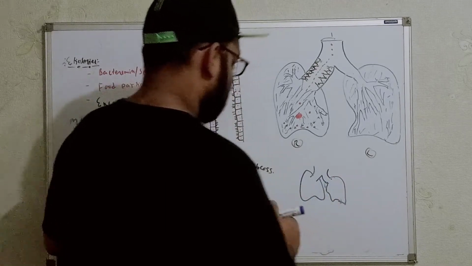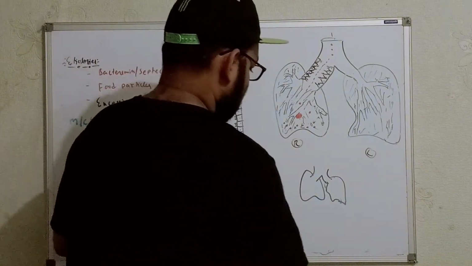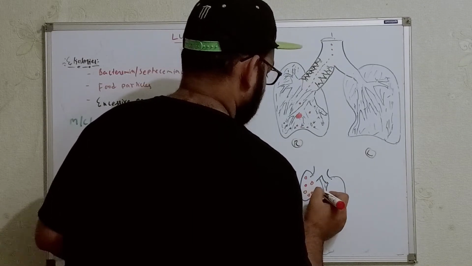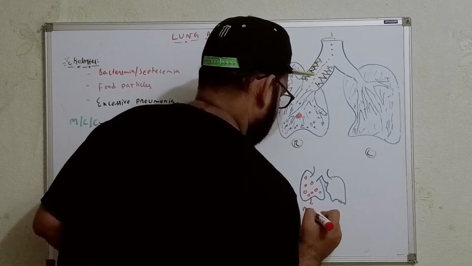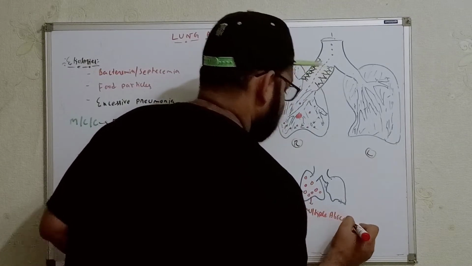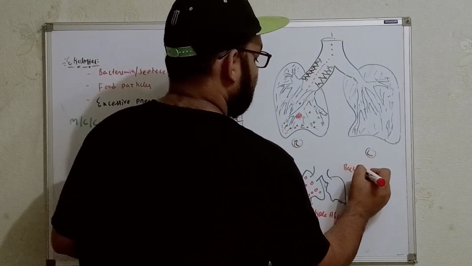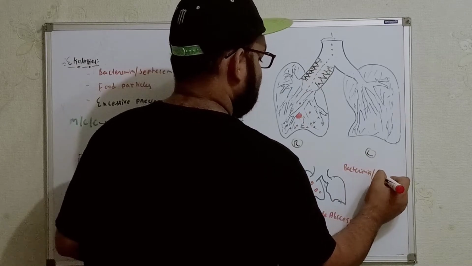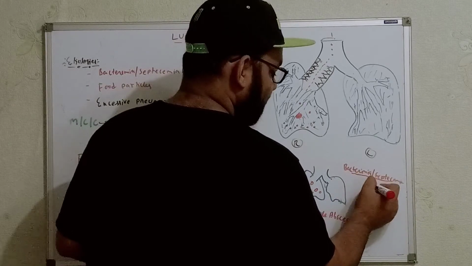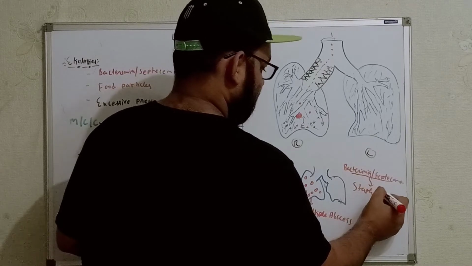Whenever we get the presence of too much bacteria over here, at that time we will get the multiple abscesses. When we get multiple abscesses, as I have already said, it is in terms of bacteremia or septicemia. Basically, the main bacteria that can cause this type of thing is Staph aureus. So Staph aureus is responsible in most of the cases.